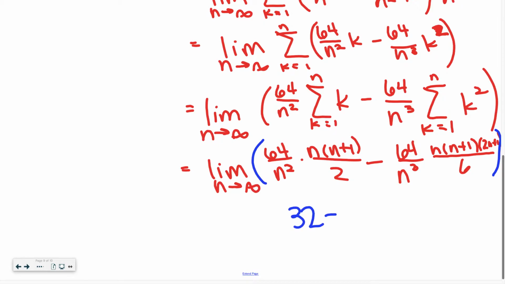Over here, if we multiplied everything out, we would have 128 n cubed, blah, blah, blah, over 6n cubed.